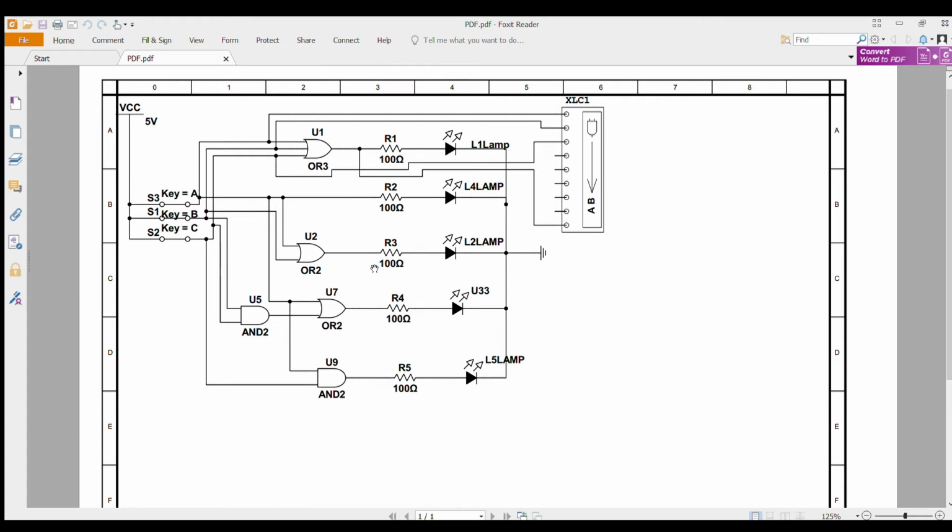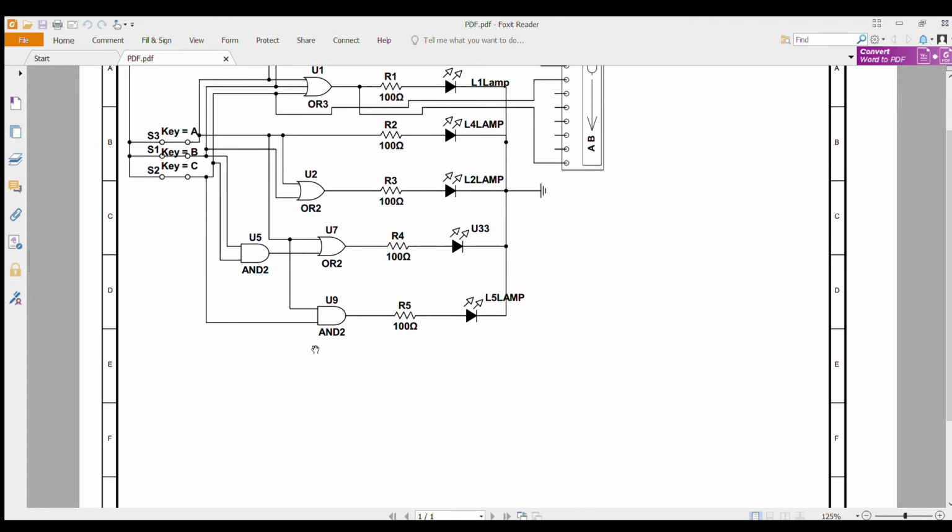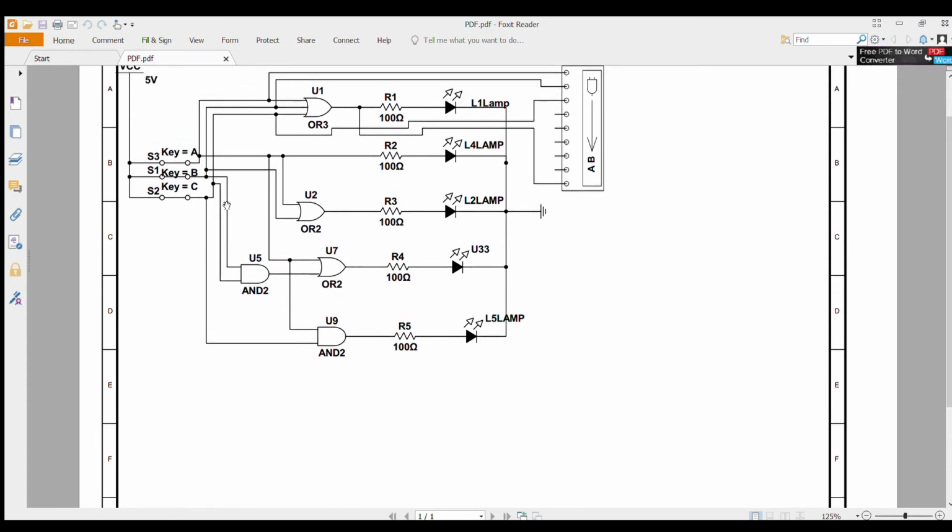For L3, we have a different story. As we said, B times C will be represented by an AND gate. Here is the AND gate, B and C. That will make B times C. So to get A plus B times C, we will connect it to an OR gate, and here we'll connect A, that will give me A plus B times C. Before we get to the LED, we will connect a resistor also to save the LED.